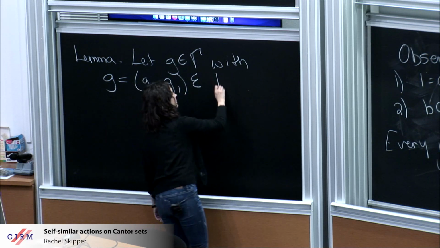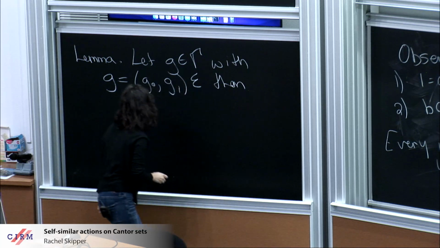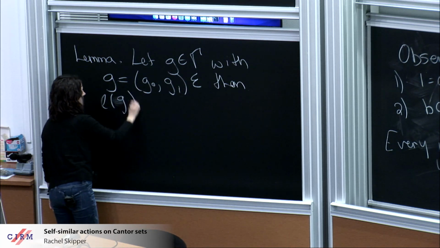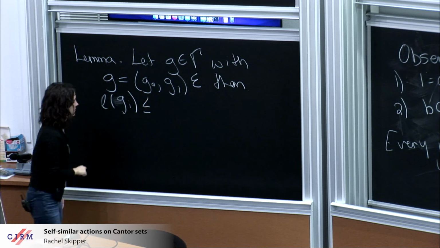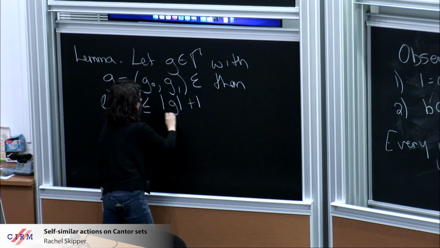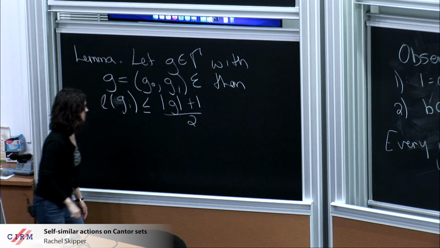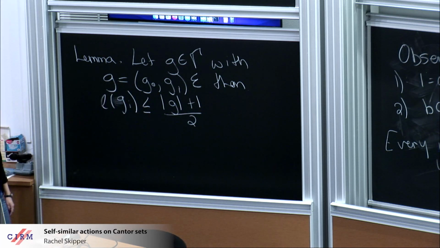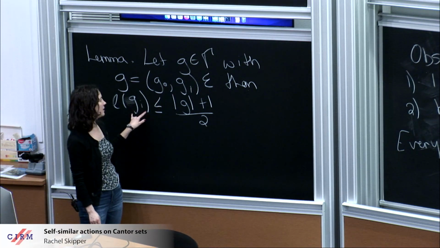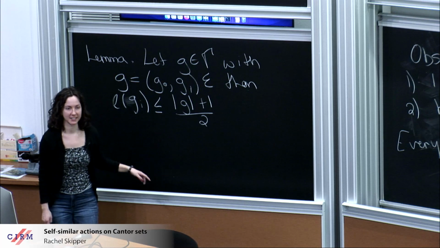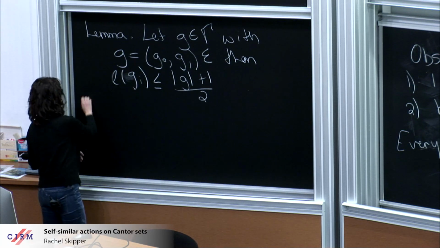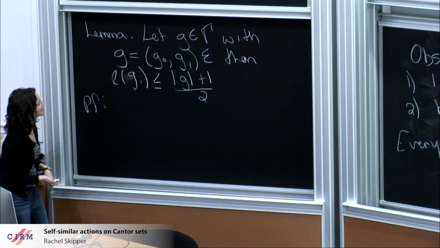Then the length of g sub i is going to be less than or equal to the length of g plus 1, divided by 2. What this tells us is that when I do these decompositions, my words get a lot shorter in my generating set. So, proof by example and full proof left as an exercise.